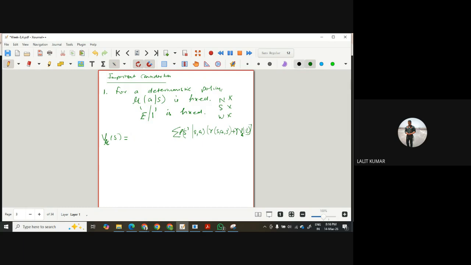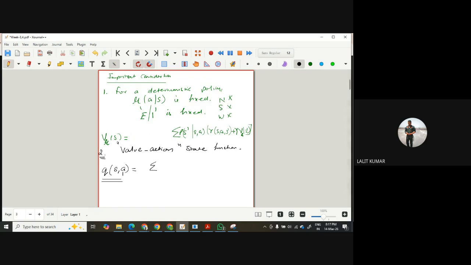The second important point is the state action value function, that is Q pi of S over A. It means that I'm in some state and I take some action in that state.